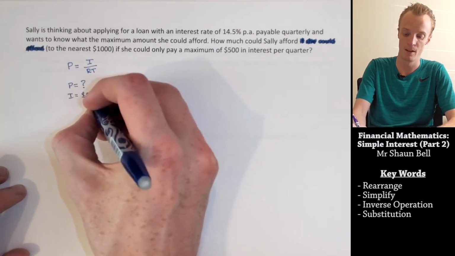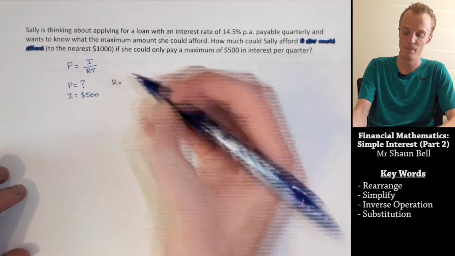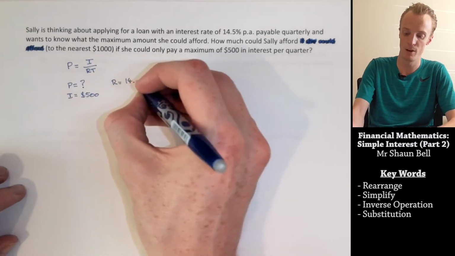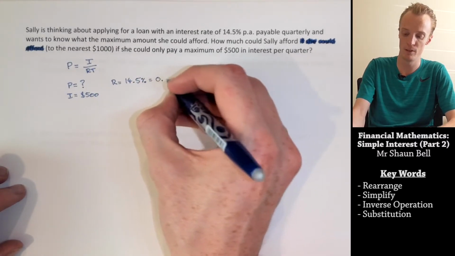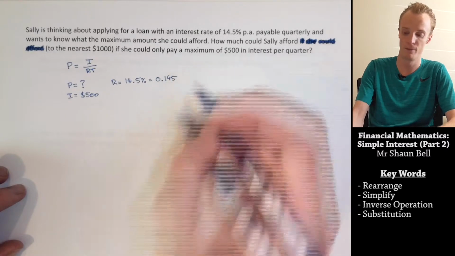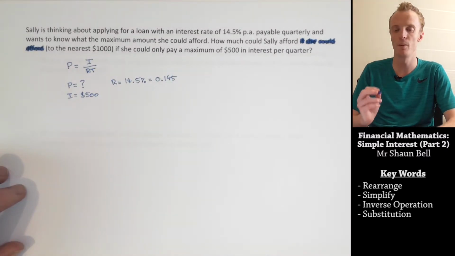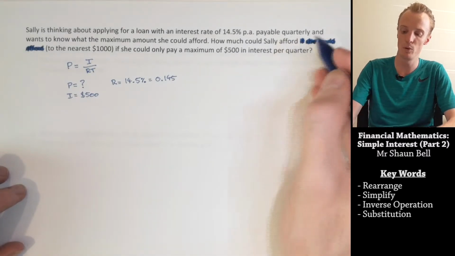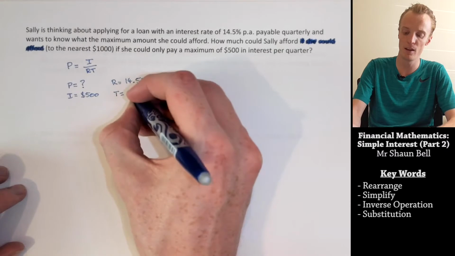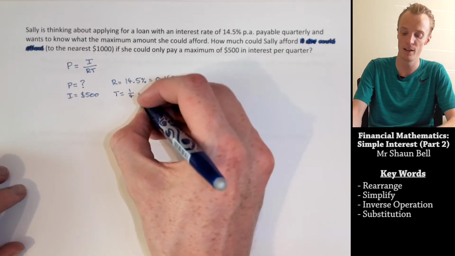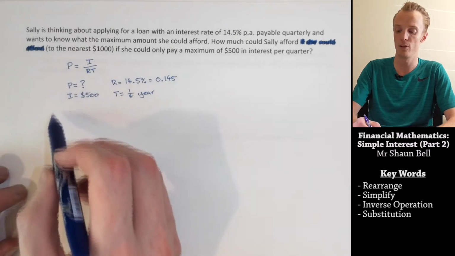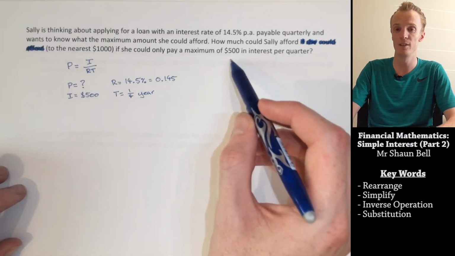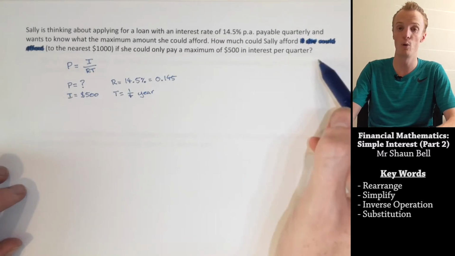Our rate, or our R, is going to be 14.5%, which is equal, as a decimal, to 0.145. Now our time, once again in this problem, we have to be very careful. It's payable quarterly, so our time is going to be 1/4 of a year. The reason why this time is 1/4 of the year is because the interest value that we've got here of $500 is how much Sally can afford per quarter.